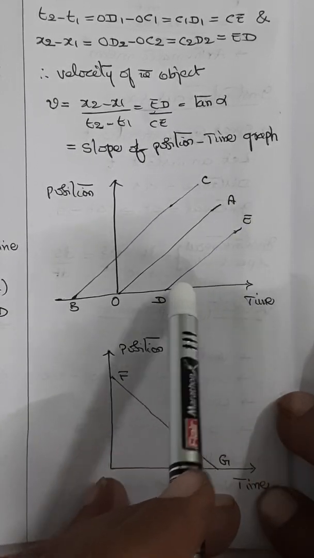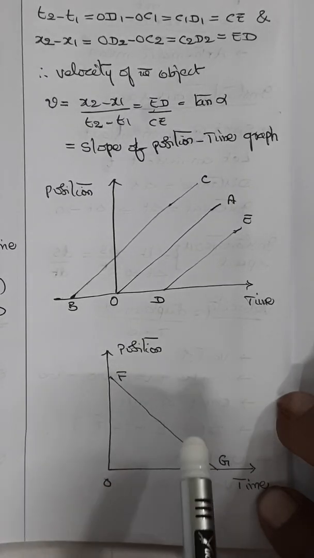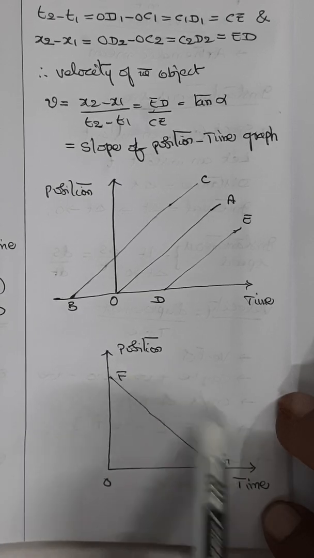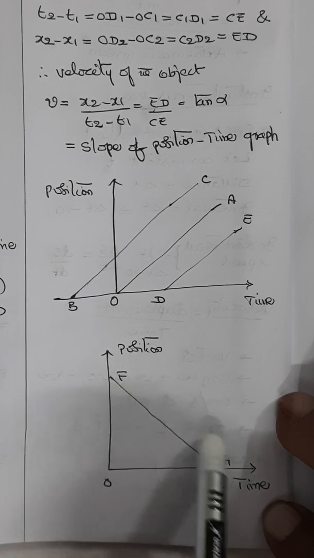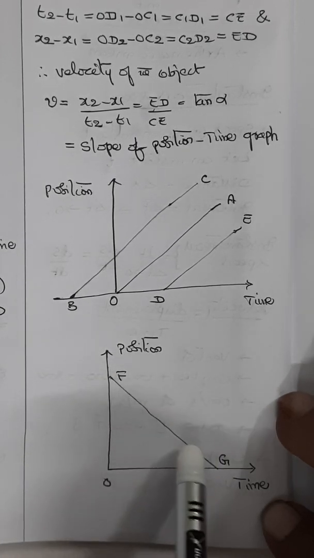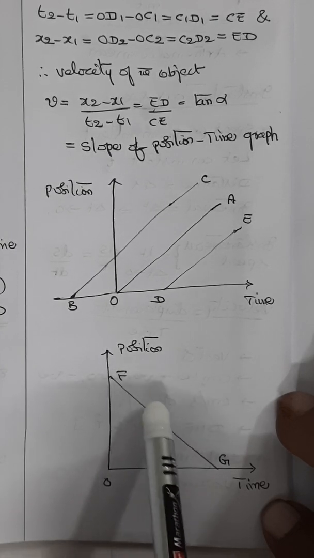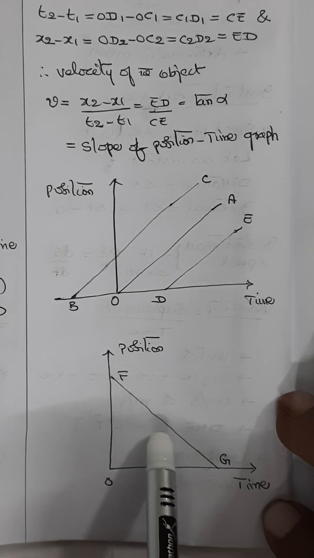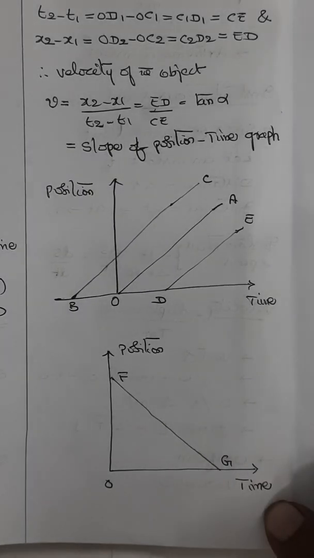So if the position time graph of the motion in one dimension is a straight line like FG here, inclined to the time axis, then the body is moving with a constant negative velocity. So it is important to note that a position time graph cannot be a straight line parallel to the position axis because it will indicate infinite velocity. This is what we need to understand.